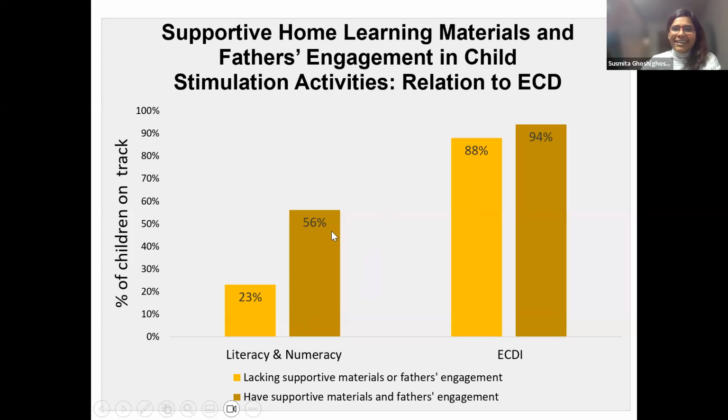So we can say there is a synergistic effect of having supportive materials and the father's engagement on the early childhood development of a child.